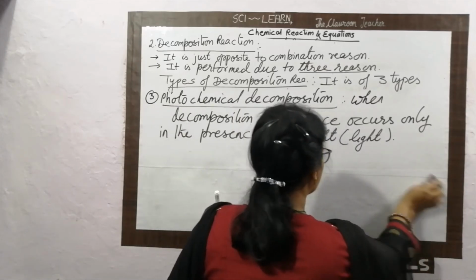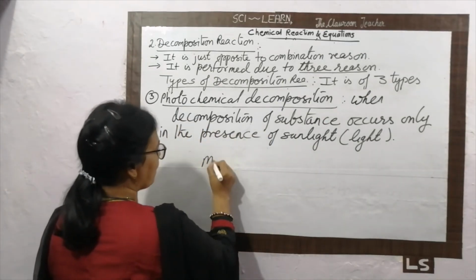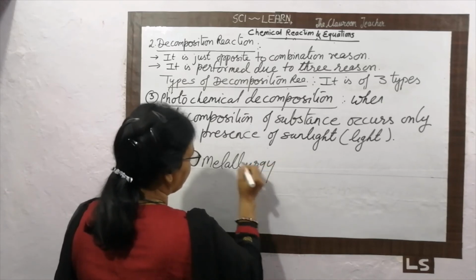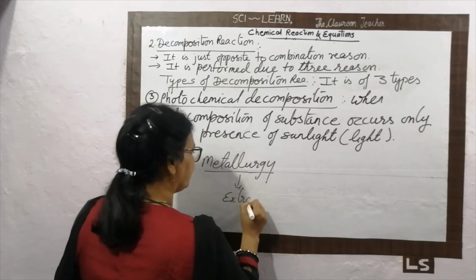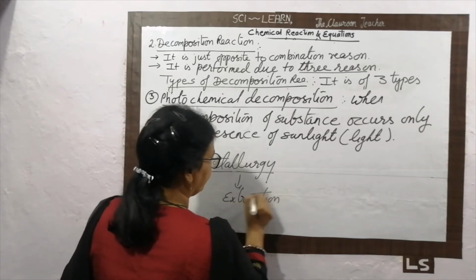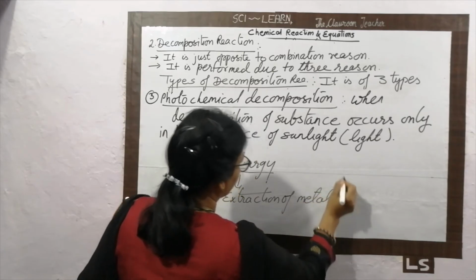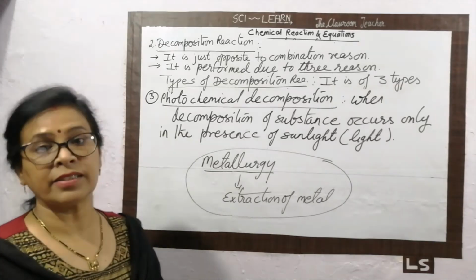But decomposition process is very important for one process that is called metallurgy. Metallurgy is the process of extraction of metal. If some topic of this is in your course, then we must discuss it in another lesson if that is in your syllabus.